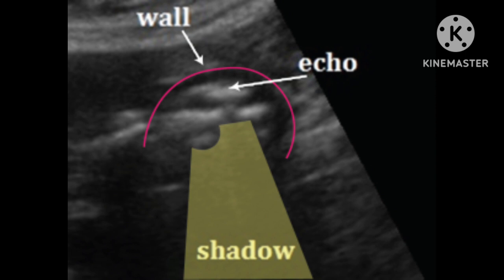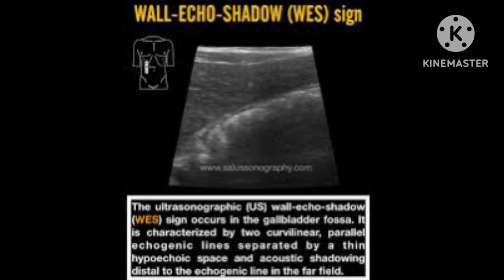Look at the slide showing two lines having a hypoechoic interface with a posterior acoustic shadow. This is the WES complex, which is seen in gallbladder filled with multiple stones.